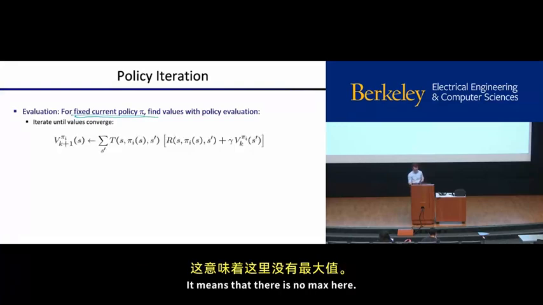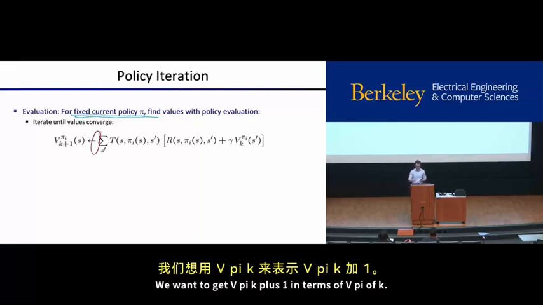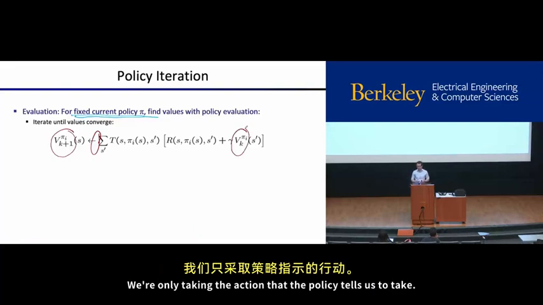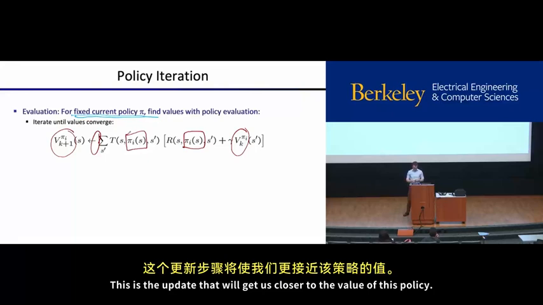It means that there is no max here, right? We have a fixed policy. We want to get v pi k plus 1 in terms of v pi of k. We're only taking the action that the policy tells us to take. This is like the evaluation version of this Bellman equation. This is the update that will get us closer to the value of this policy.